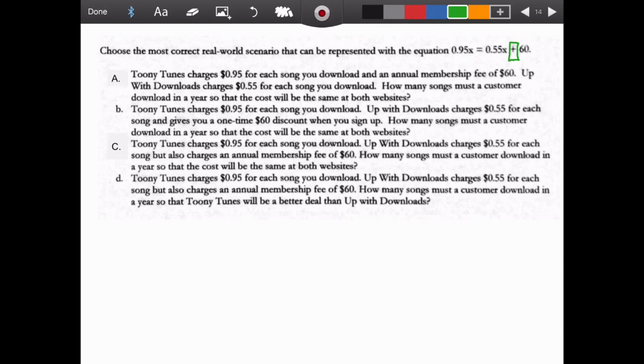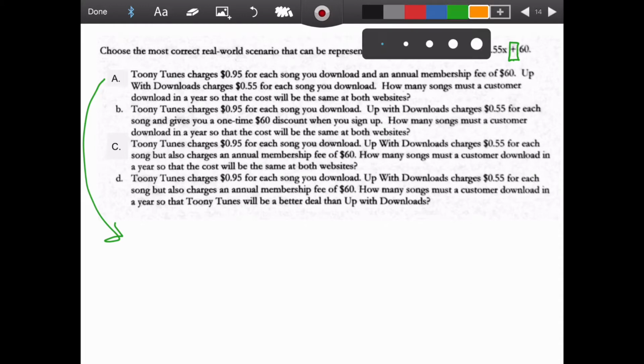Let's look at A, and I'm going to write it down here. It says Tony Tunes charges 95 cents for each song you download. First, let's break this down: 95 cents for each song. The variable is each song because we don't know how many.